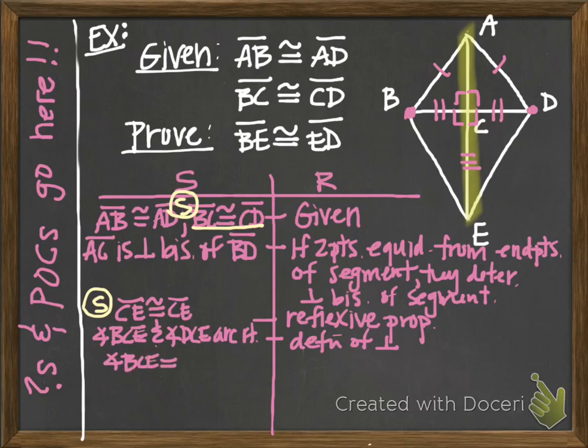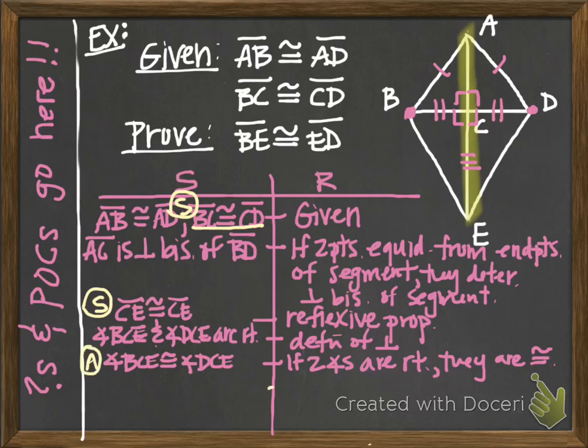Angle BCE is congruent to angle DCE because if two angles are right, they are congruent. Okay, so that's our other A.